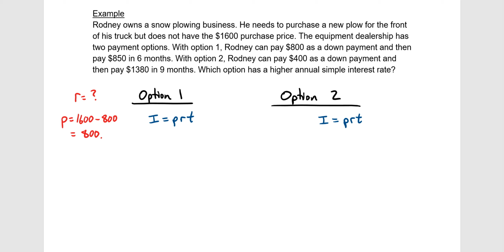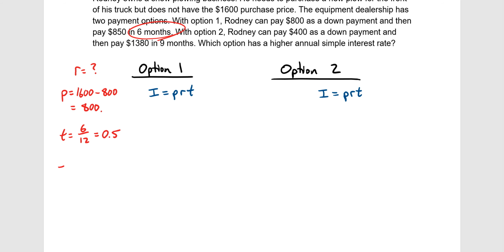And for T, this one is in 6 months. So that's going to be 6 divided by the total number of months, which is 12 for a year. That gives us 0.5. And then I for the interest that he has here. He ended up with a principal of $800, we said over here.